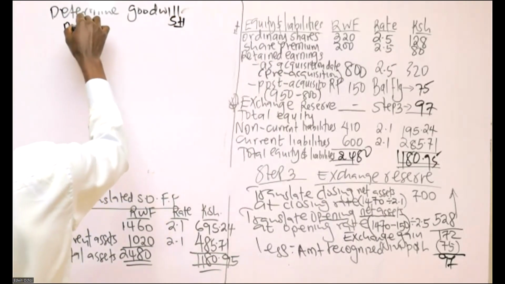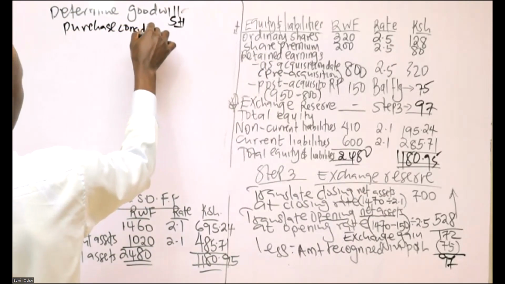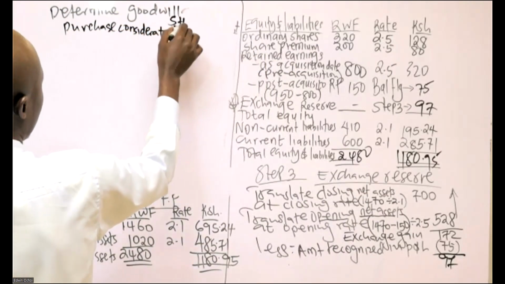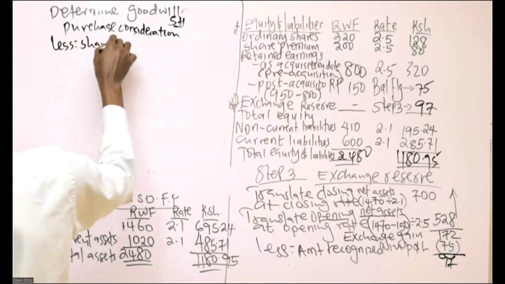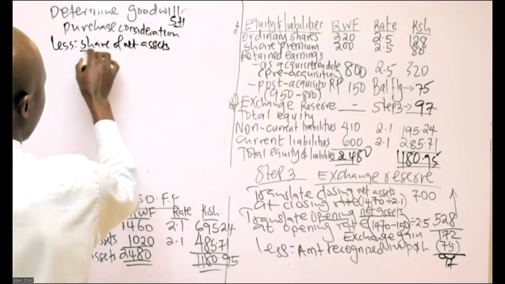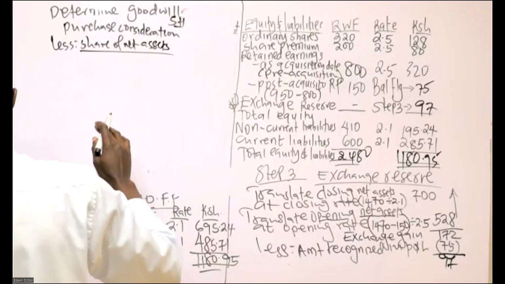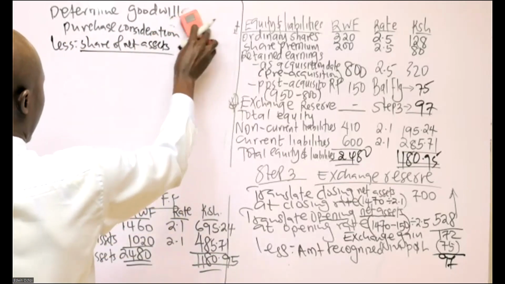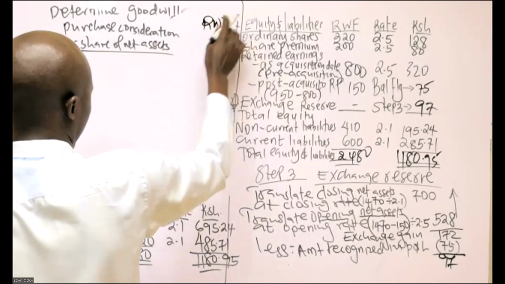So purchase consideration minus net assets, the share of net assets. Remember, we do it first using foreign currency.